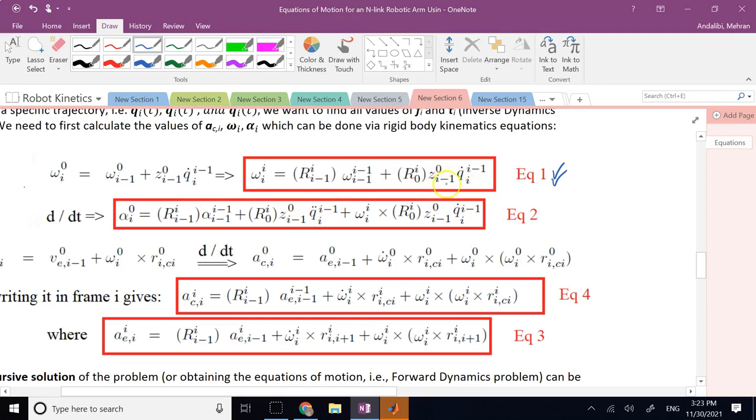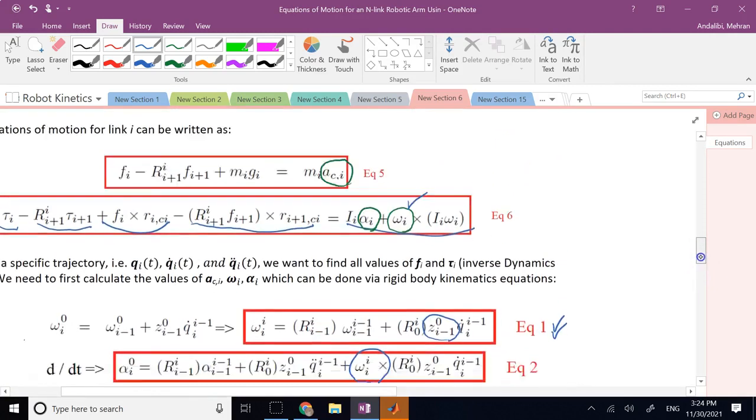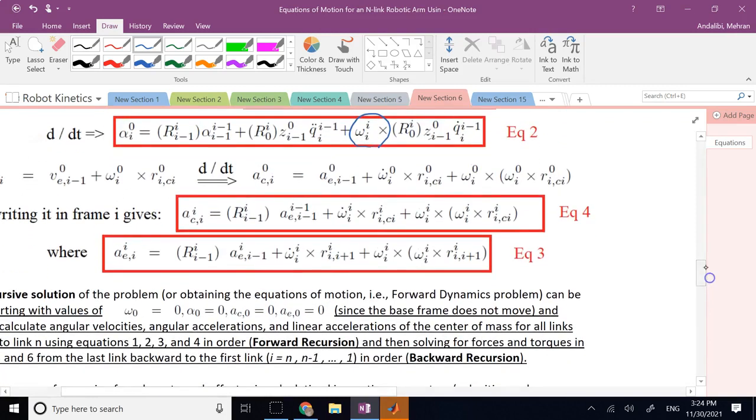And the other thing is that this axis z i minus 1 with respect to 0 does change orientation. So because that axis does change orientation, the time derivative of that we calculate by omega cross. And here this whole thing is acceleration of frame I written in frame 0, and this is what we are going to also use in equation number 6.